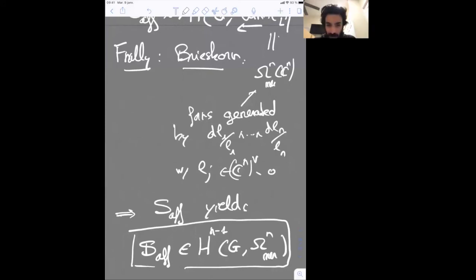So there's a couple of comments. The first one is about these two cases that you gave where the Tom class vanishes. The first case was where you were looking at a flat complex vector bundle on M. The existence of such a bundle is intimately related to the topology of M. There's a theorem that this bundle comes from a representation of pi1(M) into GL_n(C), where n is the rank of the bundle.